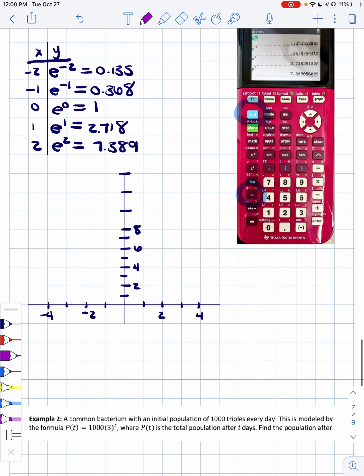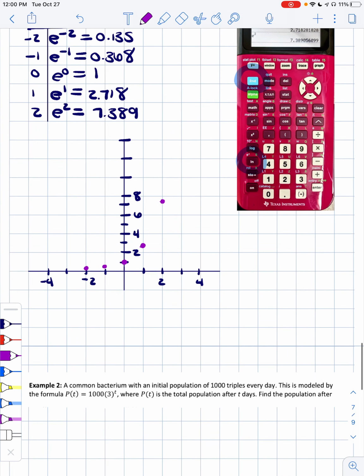So we have -2, 0.135; -1, 0.368; 0, 1; 1, 2.718; and then 2, 7.389.